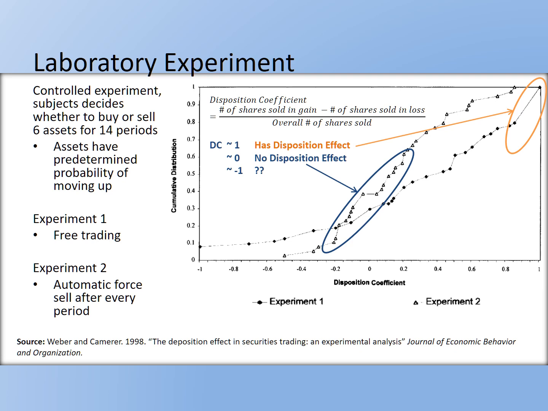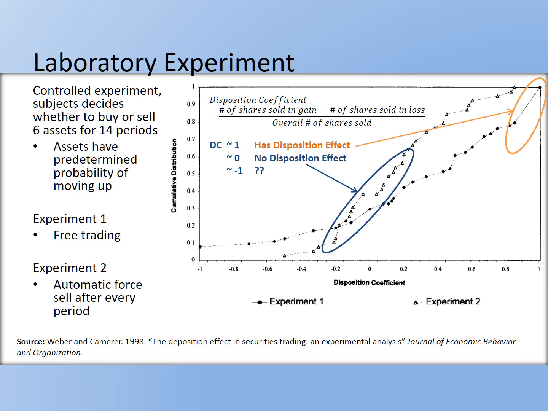The solid triangle is the one where they can do whatever they want. The hollow triangle is the one where there is forced selling. Yeah, experiment 2. So with forced selling, you see a lot of people with no disposition effect. When you allow them to do whatever they want, you see some disposition effect.